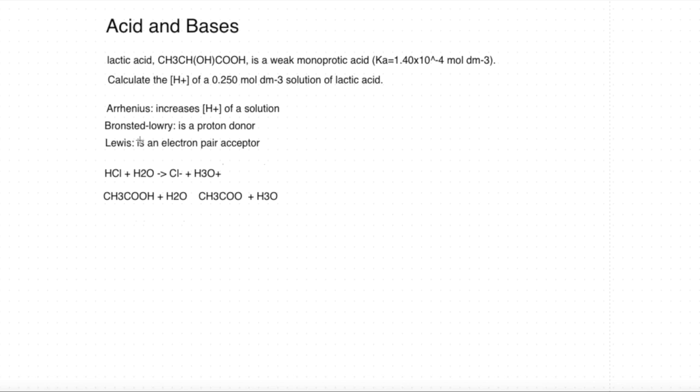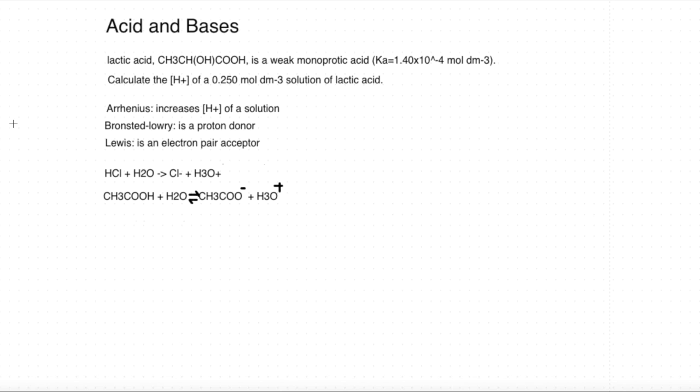A difference to note is that instead of a straightforward reaction sign, we have an equilibrium, i.e. a reversible reaction sign, because unlike a strong acid that undergoes full dissociation, a weak acid only has partial dissociation. Let's add some terminology here.